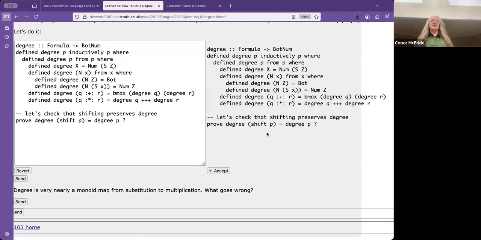Okay, so we've got a candidate definition of degree, and it's about as far from an accident as you could possibly want. So what's going on here?